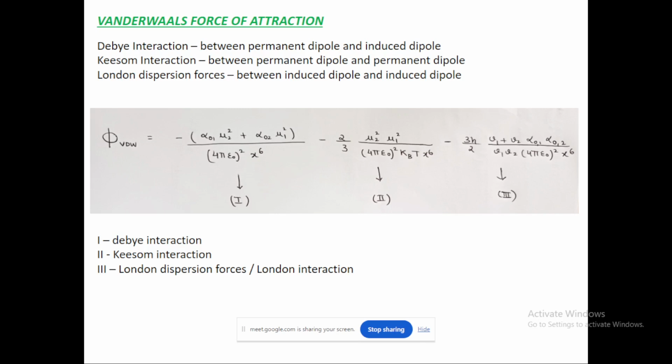It is very simple. The main reason is that the colloidal particles you take have a large number of atoms or molecules. Over there you are considering only two entities, two atoms or two molecules. Here the colloidal particle consists of a lot of molecules, right?